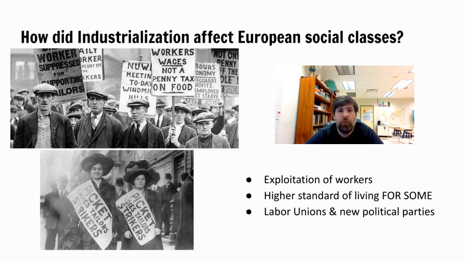And also new political parties where, for example, in Great Britain, you're going to have the formation of what's called the Labour Party, where this is a party that represents the concerns of workers and tries to pass laws in Great Britain that force factories to treat people better.